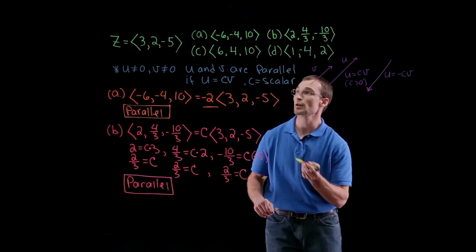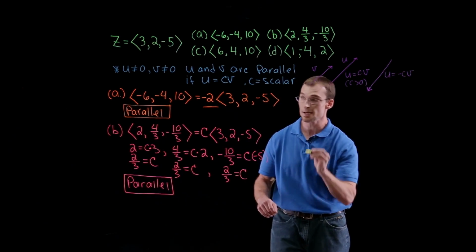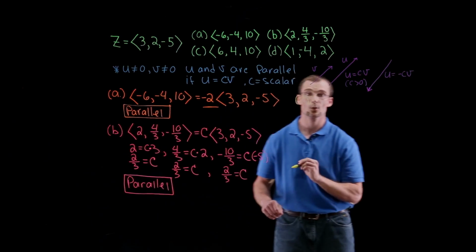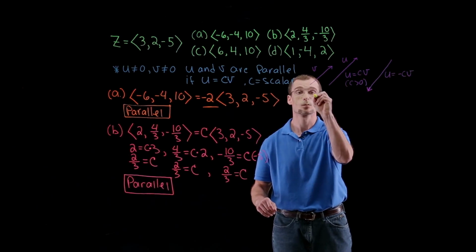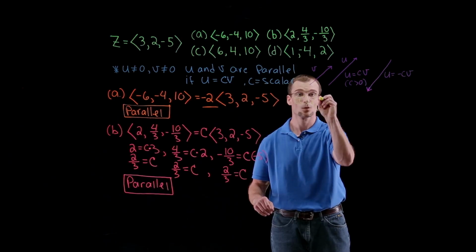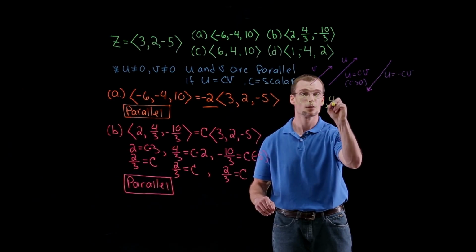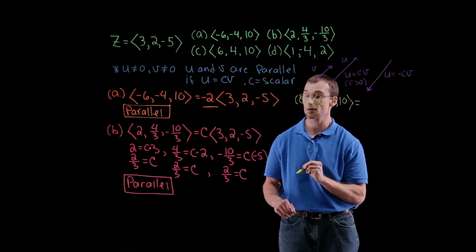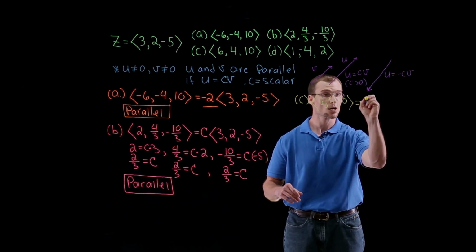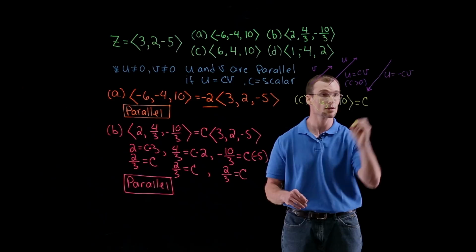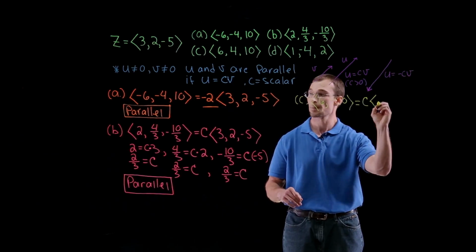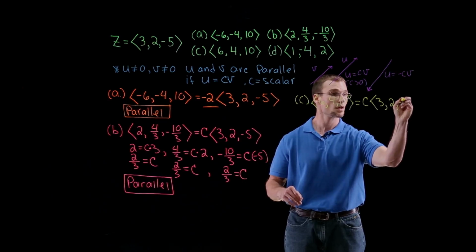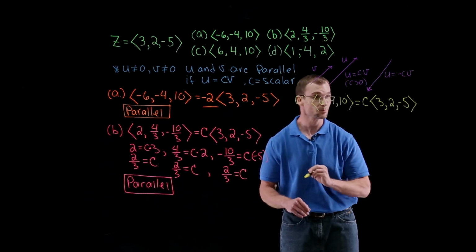Okay, and let's take a look at our last two, starting with c. So we have our vector c with components 6, 4, and 10. Now, I'm going to get us started doing the same way we did in part B. We want to see if this is equal to some scalar times our vector z of 3, 2, and negative 5.